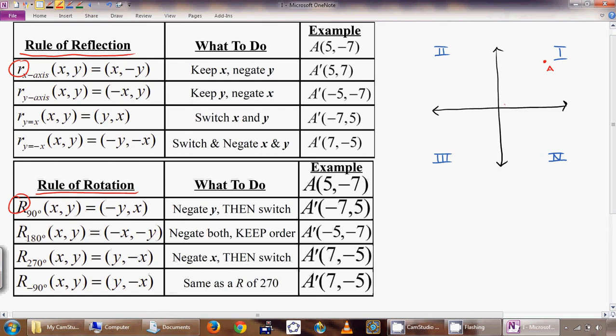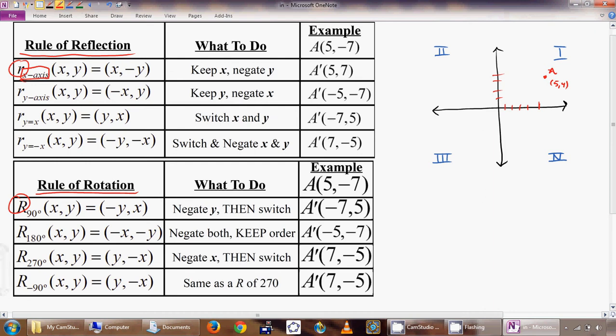Let's pretend this is 1, 2, 3, 4, 5, comma, 4. You can visually do the reflection, then examine the coordinates and extrapolate the rule.